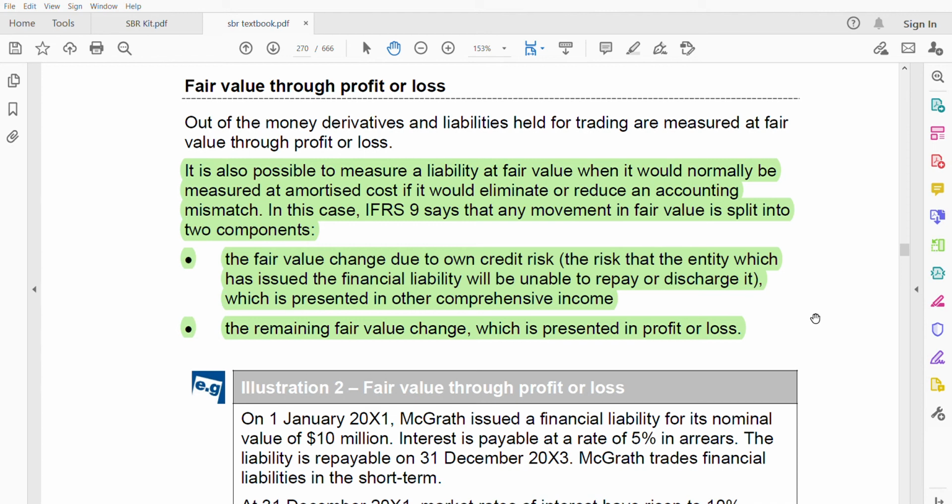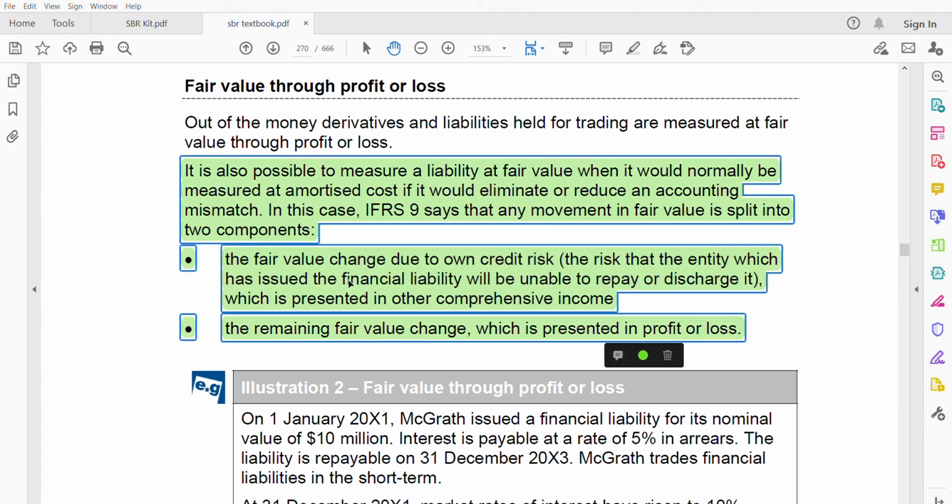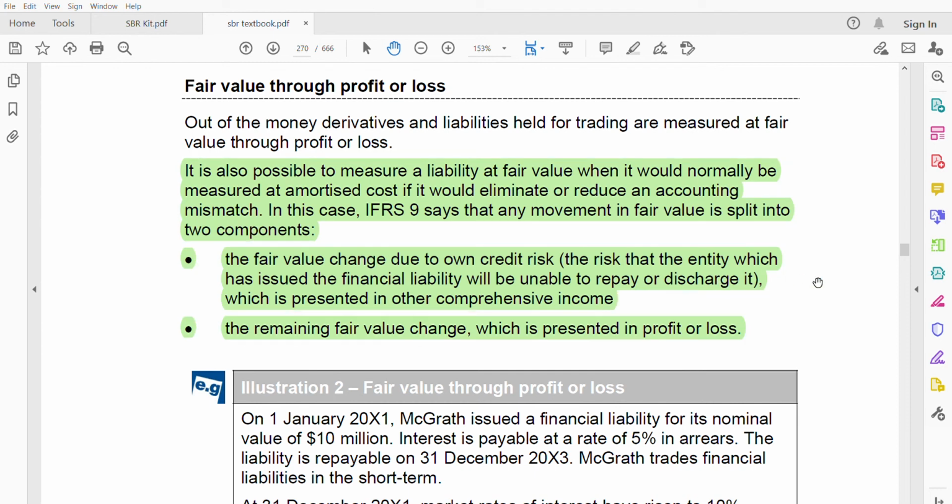So what goes in the OCI? The risk that they will be unable to repay or discharge it. It's like a credit risk. You have taken a liability and now you are unable to pay it back.